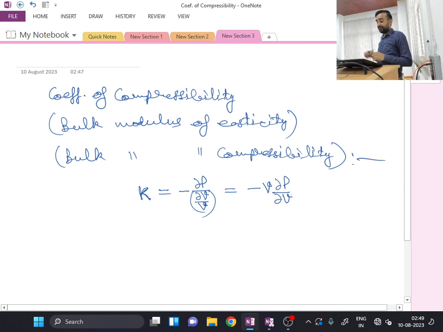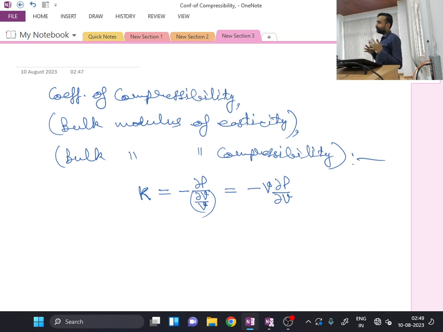Now when we define this coefficient of compressibility, it can be defined either at constant temperature or at constant entropy. So this is the generic definition, but it is applicable for two situations, either for constant temperature or for constant entropy.